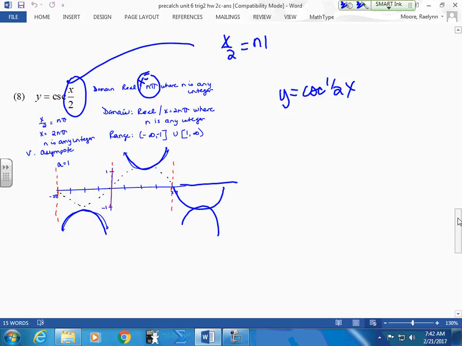Because algebraically, you can find your domain here without having to count here. But I wanted you guys to find it here because if you do this, you automatically find your asymptotes, and then that's all you have to do is plot your asymptotes down and get your graph in between them. But I wanted you to kind of find those yourself. And there it is. But you keep the same n is any integer.